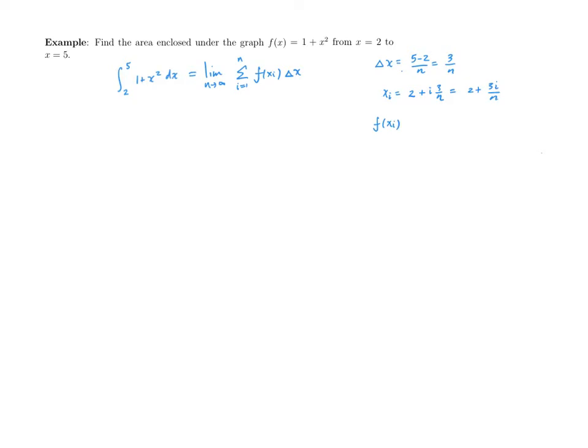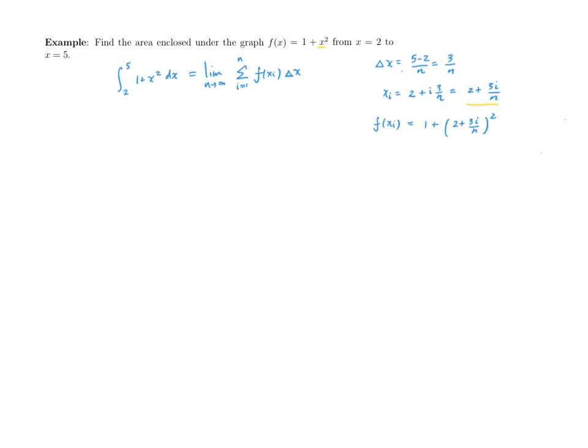That requires us to take this expression for x sub i and substitute it in for the single x in the equation of the function f. So f of x sub i is 1 plus the quantity 2 plus 3i over n, squared. Depending upon the problem, I sometimes prefer to do this algebra to the side because it's less to write down than it is to copy every single part of this equation at each step.